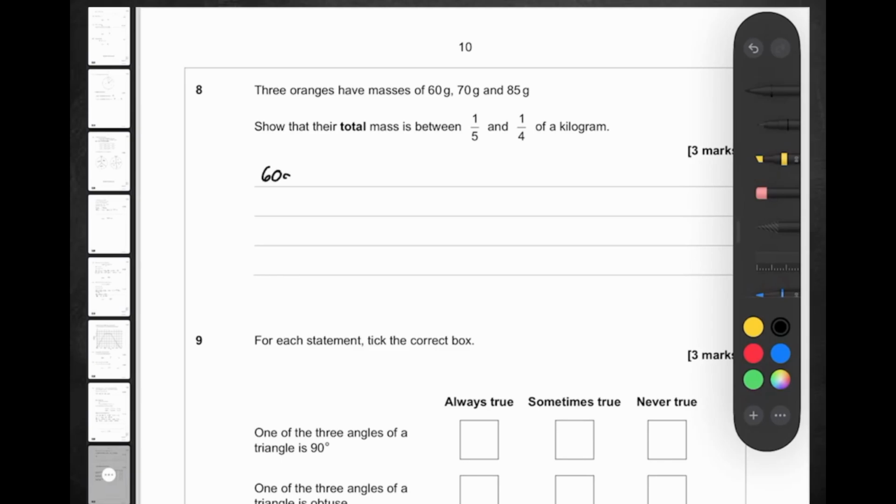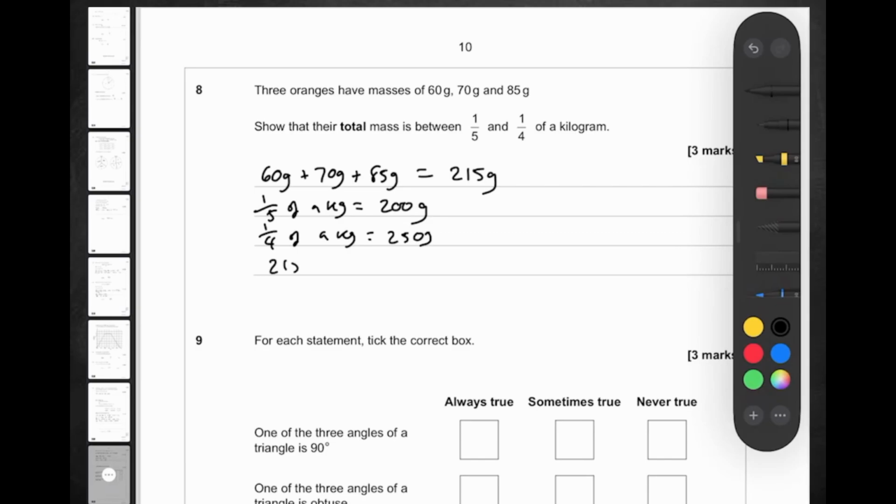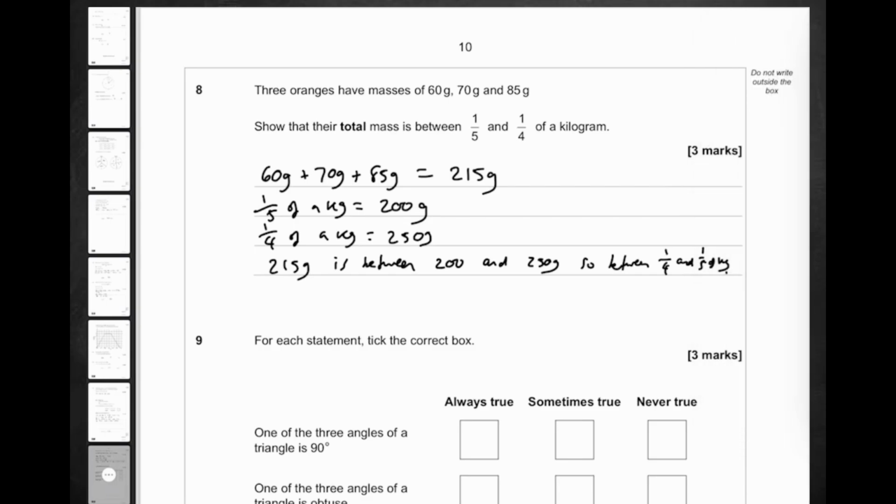So, 60 grams plus 70 grams plus 85 grams is just going to be 215 grams. 1/5 of a kilogram is going to be 200 grams. 1/4 of a kilogram is 250 grams. 215 grams is between 200 and 250 grams, so between 1/4 and 1/5 of a kilogram. And that's all we need.